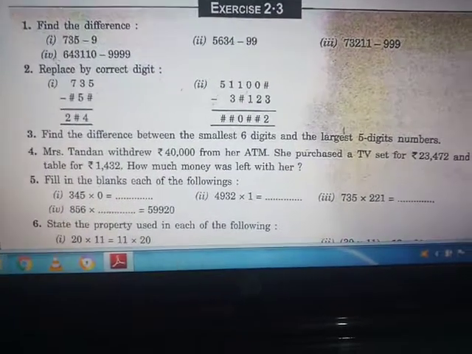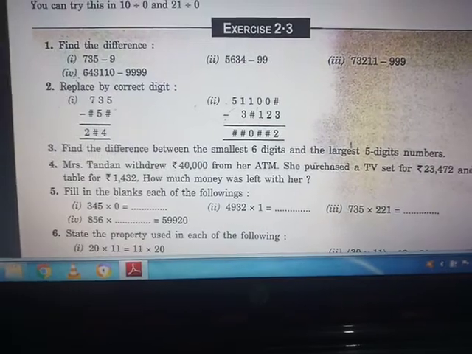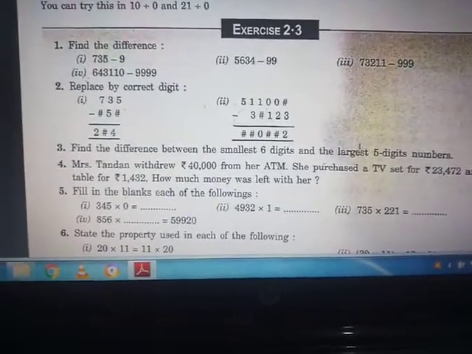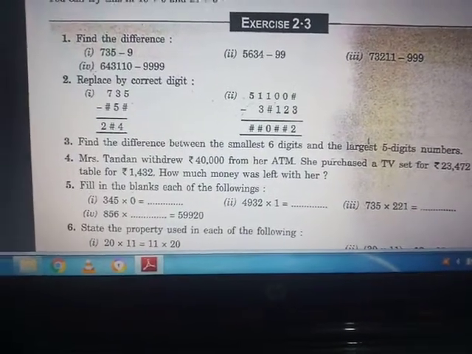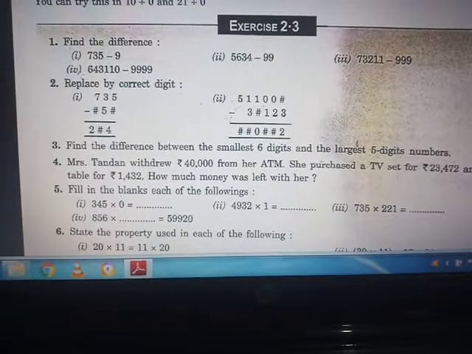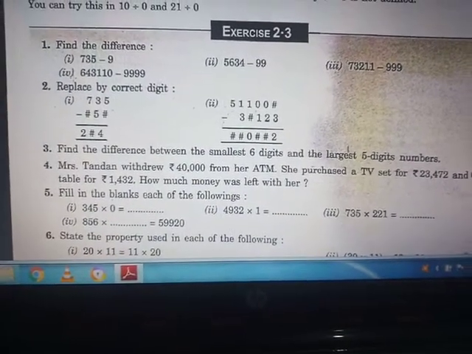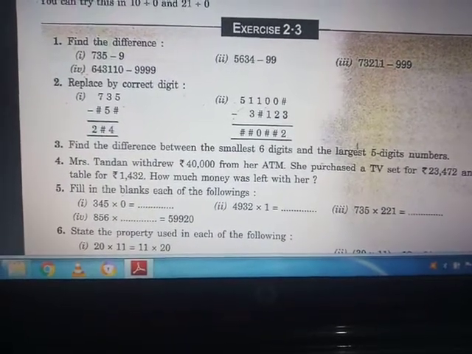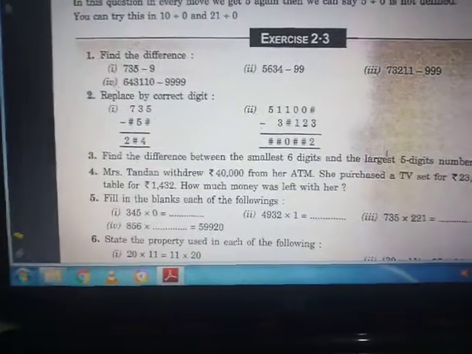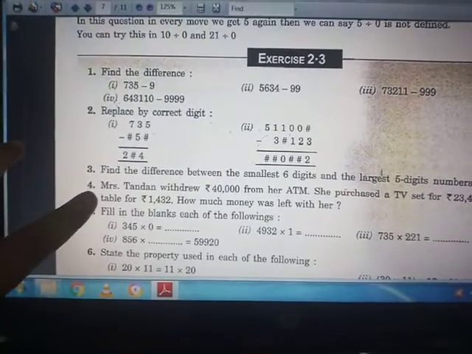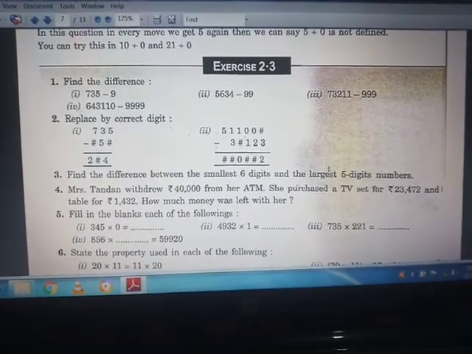These two questions are your homework, and the rest, the magic square and the question before that, these 4 questions are your assignment work. You will solve these 4 questions, and in the next video we will discuss the multiplication of addition. Question number 1 is your homework, 2 is also your homework. We will see 3 and 4 in this video only.